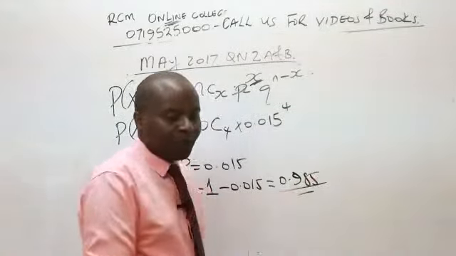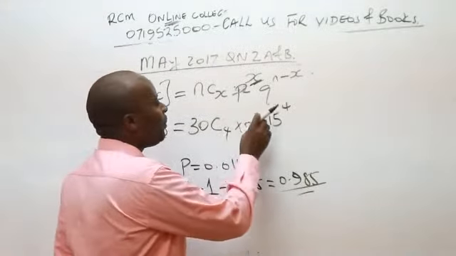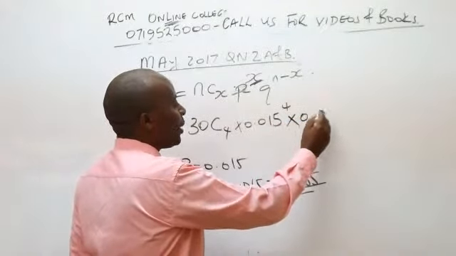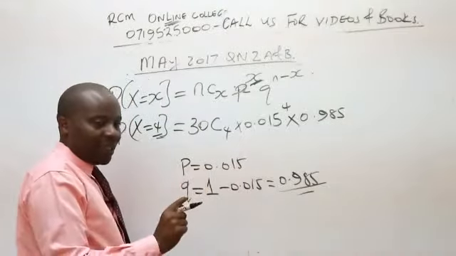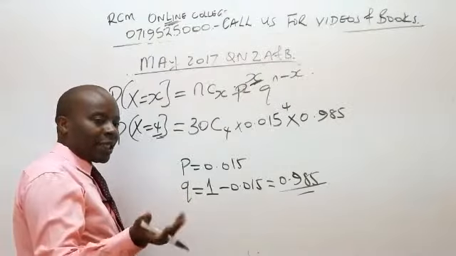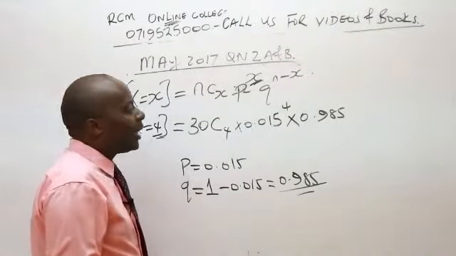So I know that my q is 0.985 raised to n minus x. Now listen, n is 30, x is 4. When you subtract the two, you get 26.